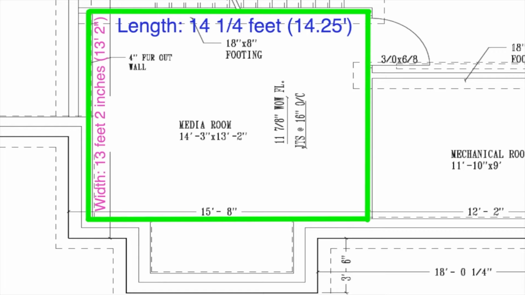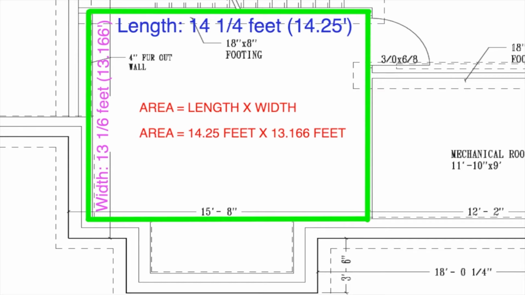Similarly, since 2 inches is 1/6 of a foot, we'll refer to the width as 13 1/6, or 13.166 feet. When we multiply these dimensions together, we get 187.6 square feet of area. This represents the area of the large rectangular portion of the floor.